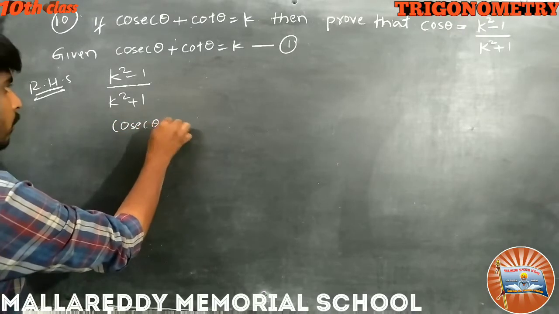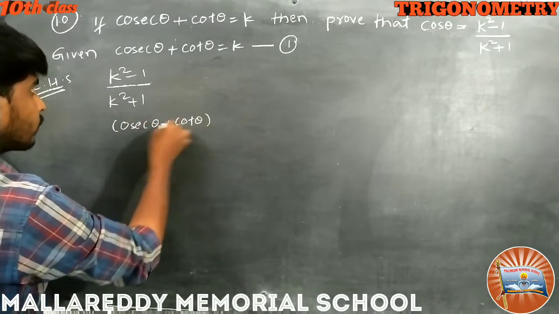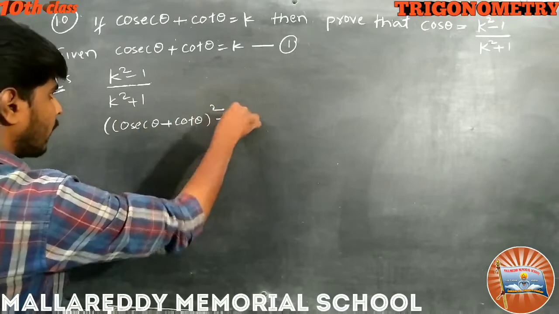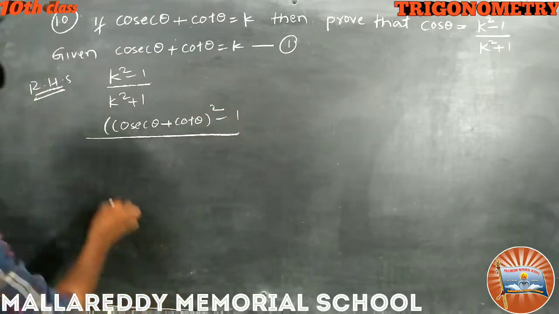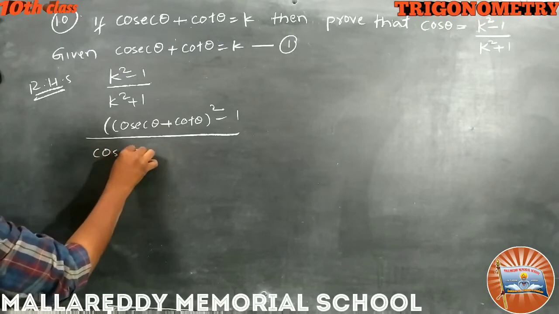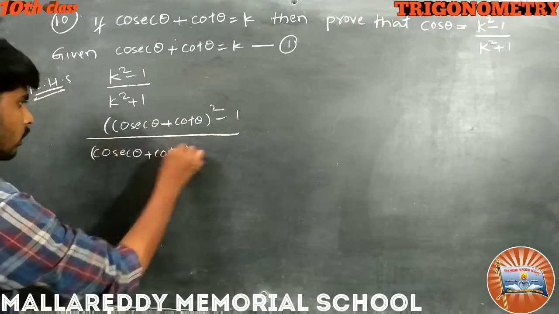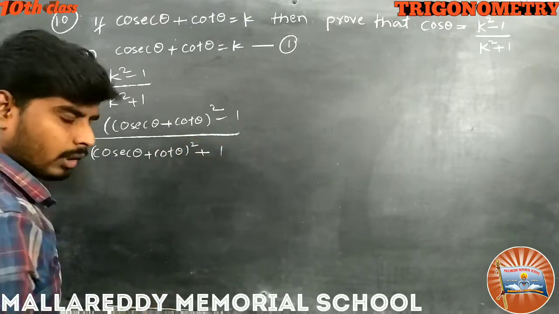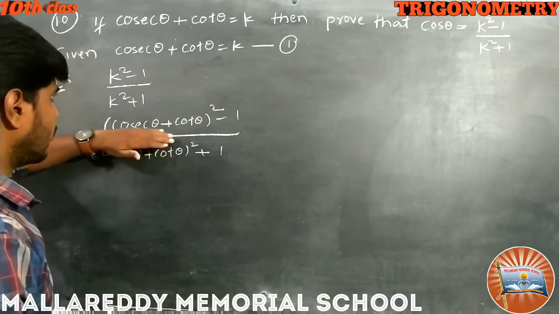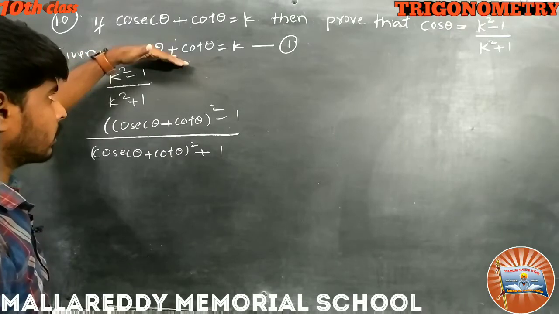(Cosec theta plus cot theta) whole square minus 1 by (cosec theta plus cot theta) whole square plus 1. Here I replaced k value as cosec theta plus cot theta.